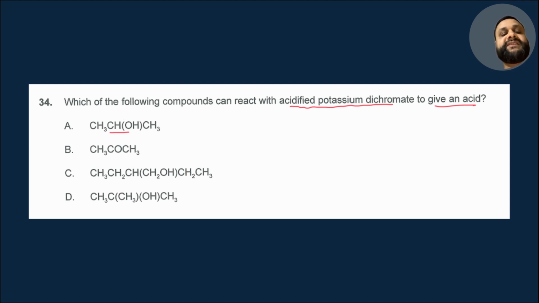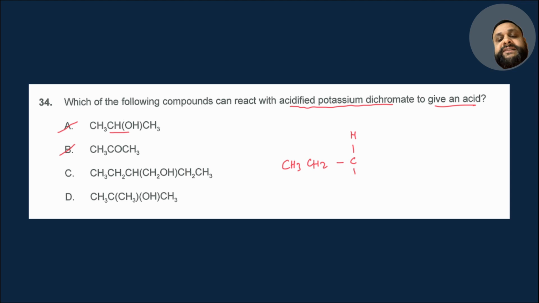So that is secondary, hence no. B is a ketone, so no. If we look at C, we have CH3, we have CH2, and then we have that carbon tied to hydrogen.